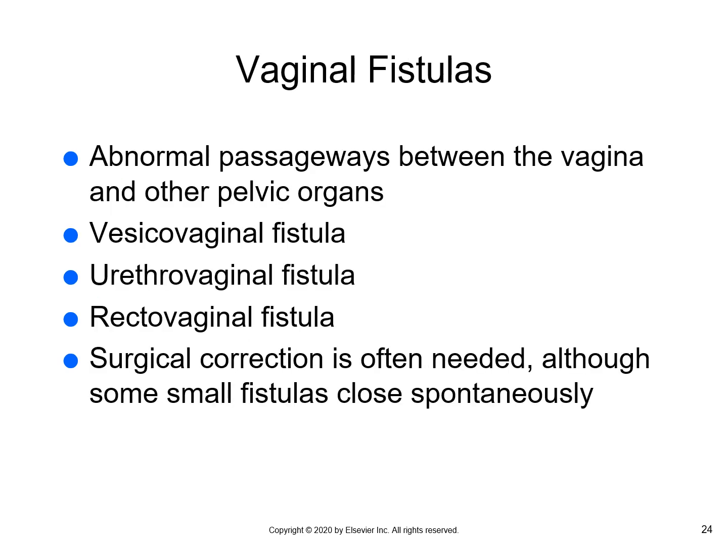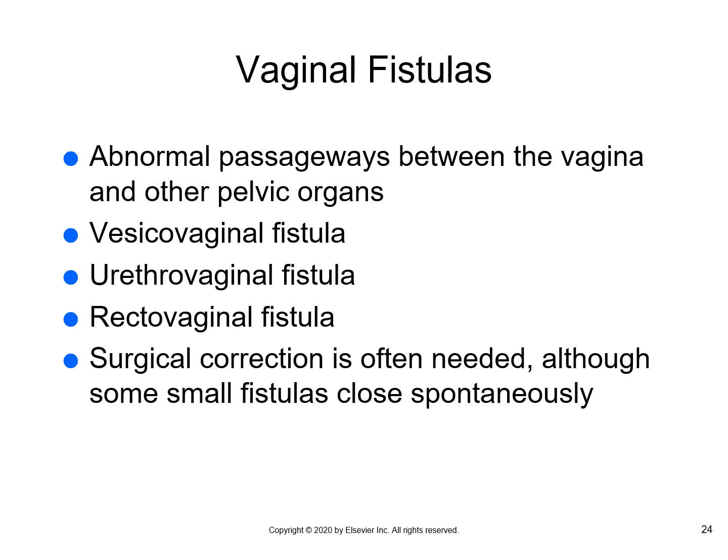Okay, fistula. So what is fistula? There's an abnormal passageway between the vagina and other pelvic organs. Vesicovaginal fistula is what we call it when the fistula is between the vagina and the urinary bladder.